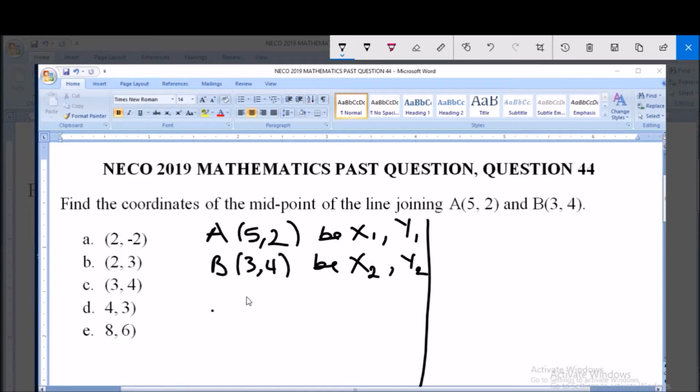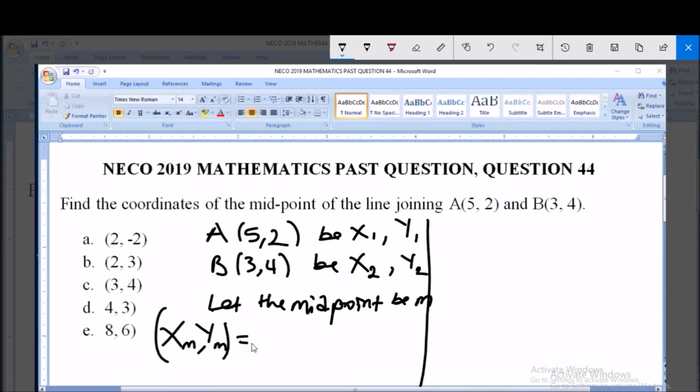Now let the midpoints be M. Now we can see that the coordinates of the midpoint, which is M, giving us xm, ym, is equal to x2 plus x1 all over 2, comma y2 plus y1 all over 2.